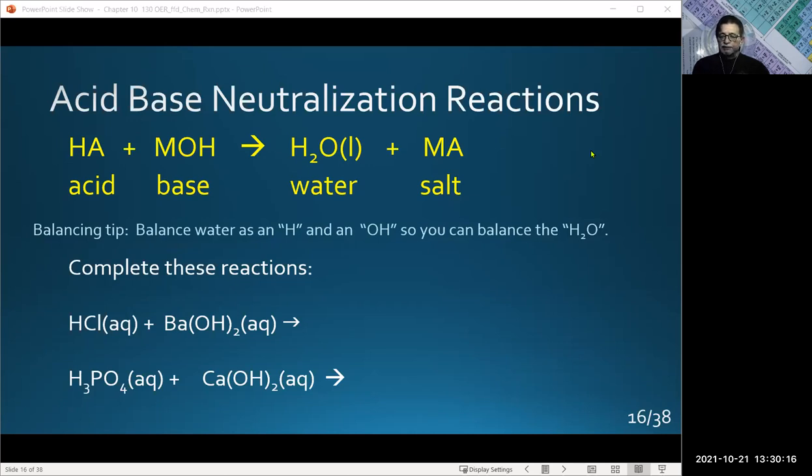We know it's a base because it will produce hydroxide in solution. So we have the proton source here and a hydroxide source here, which react to give us water. So let's complete the reaction.